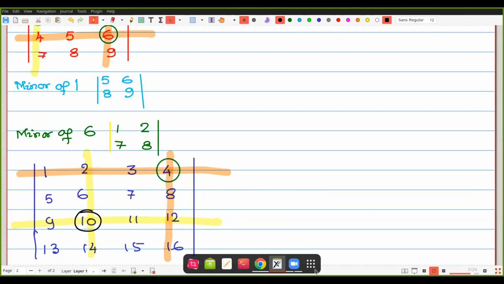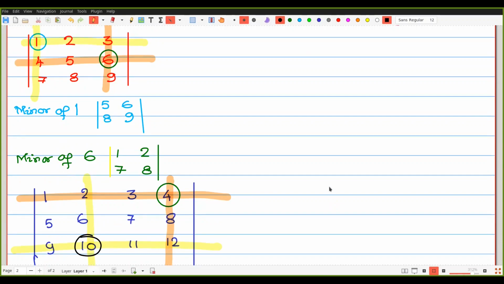Yes, sir. So in the case of 2 cross 2, we don't need those minors. Suppose in 2 cross 2 we have a determinant 1, 2, 3, 4. What is the minor of 2?